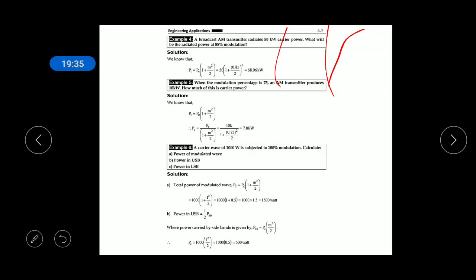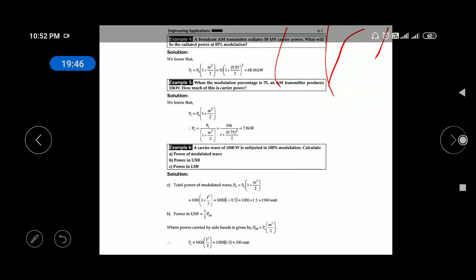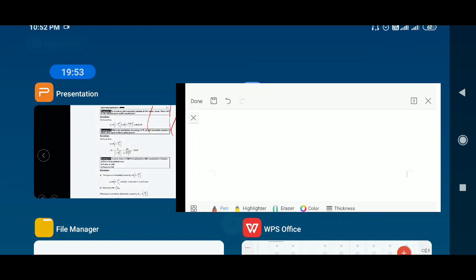Bring Pc onto LHS and bring all the other terms onto RHS. I will do this problem in a simple manner. 75% and 10 kilowatt is the total power.